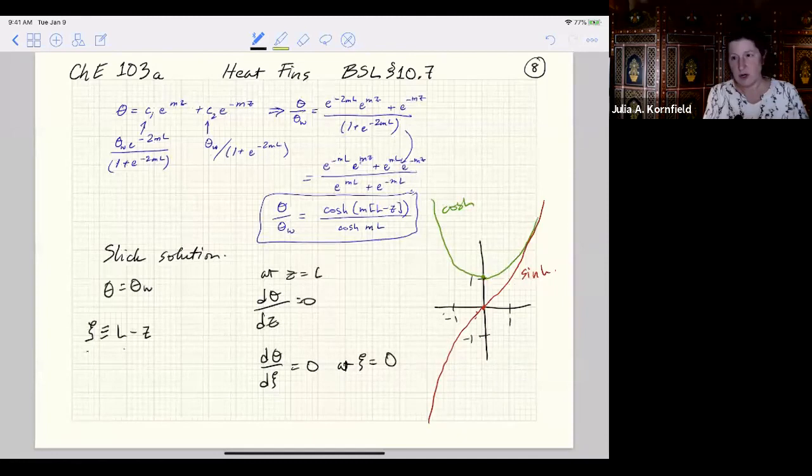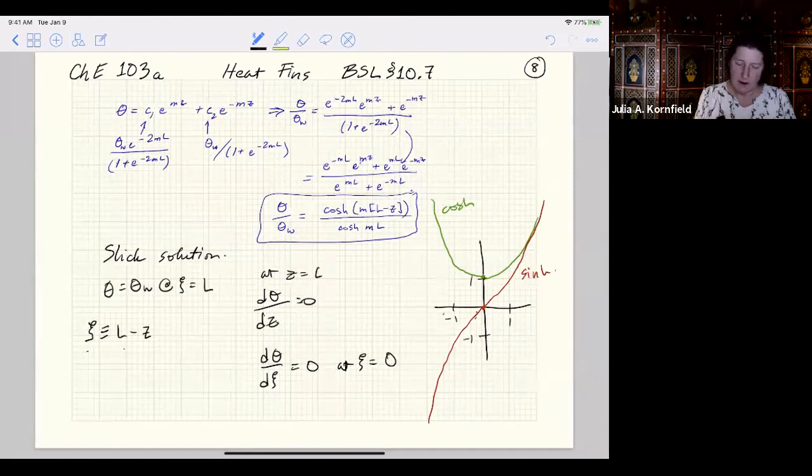Right, and so when you differentiate by c once, you actually would have a minus sign, but since the other side is 0, you don't even notice. Okay, and then over here, substituting in z equals 0, this boundary condition will be at c equals L. Okay, so we just flipped it around.